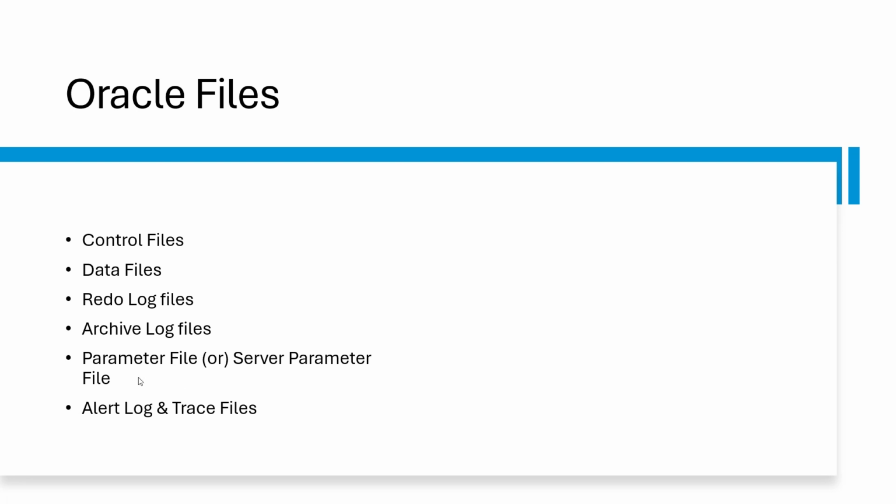Okay, so the p file is one we can read. The sp file is binary, you cannot read it. Only the Oracle server can read this sp file, but this file you can read.